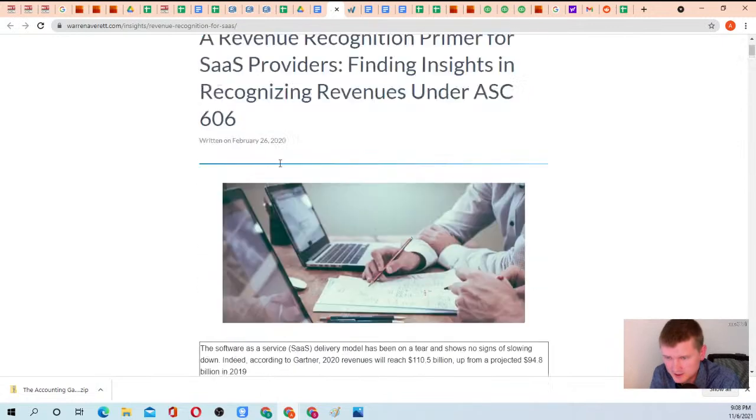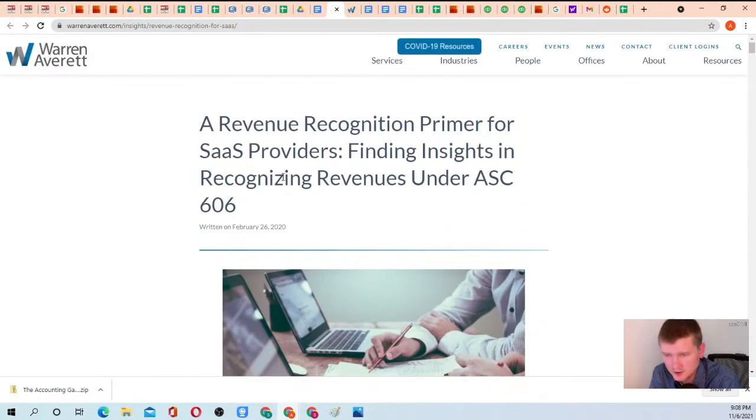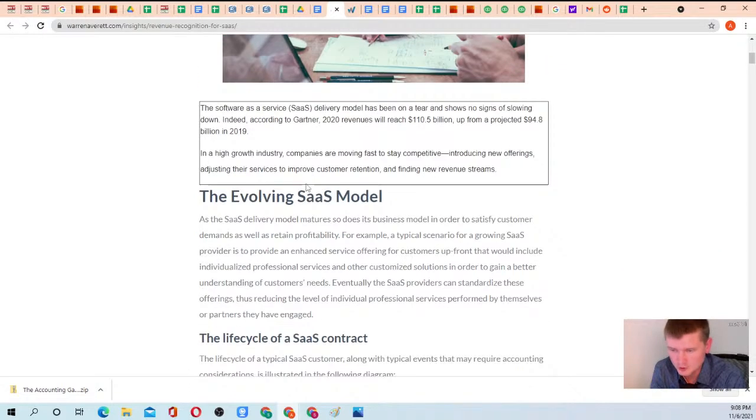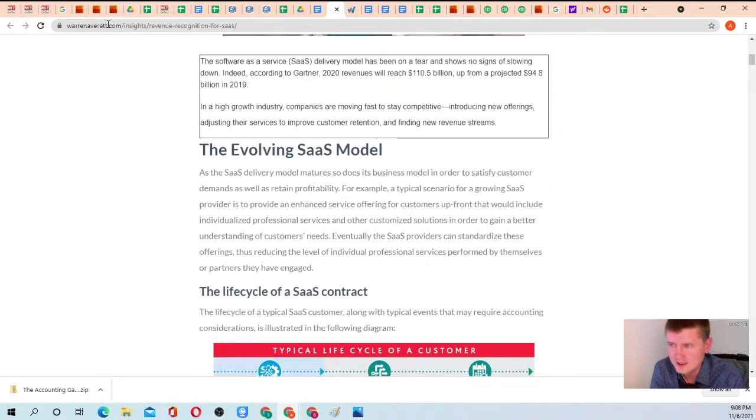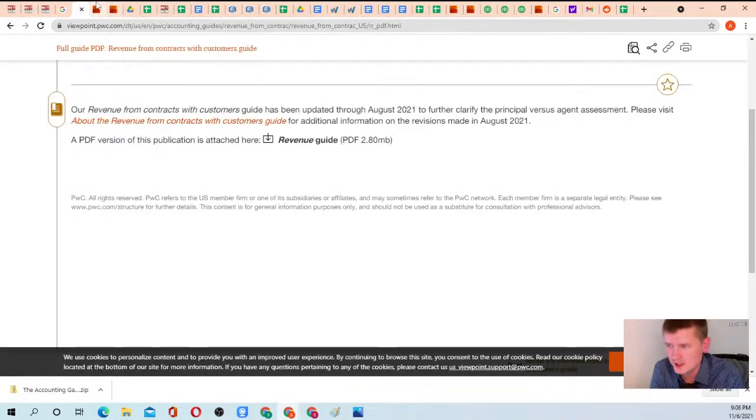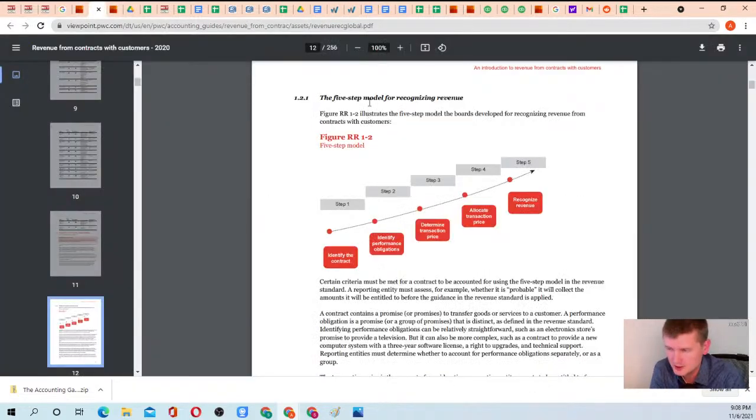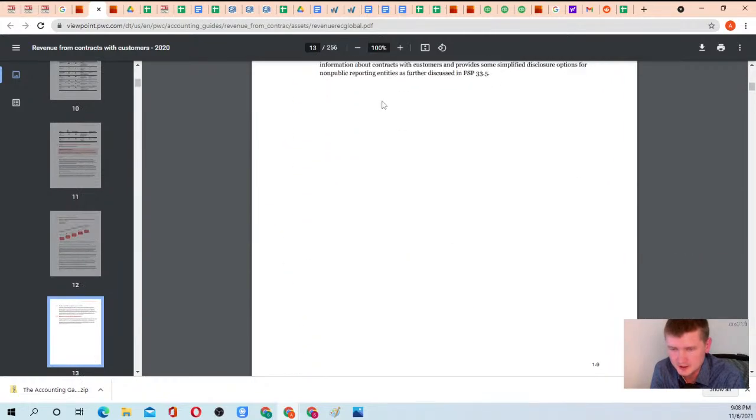And SaaS itself and revenue recognition in SaaS is a pretty complex topic. That's why we will be trying to cover it over several modules, and hopefully that will give you some comfort with going back and forth in the revenue recognition guide.